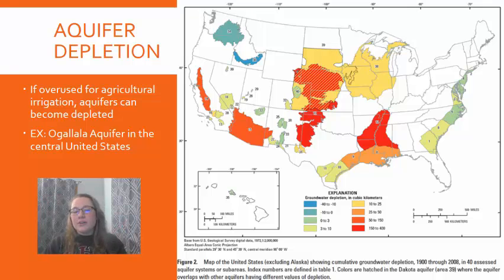Now, the problem here is agriculture uses a huge amount of water in irrigation. And the Ogallala Aquifer, which sits under the Central Plains of the United States, is tapped into quite frequently for these large-scale agricultural facilities throughout the Midwestern United States.